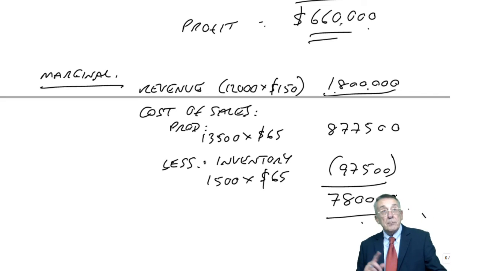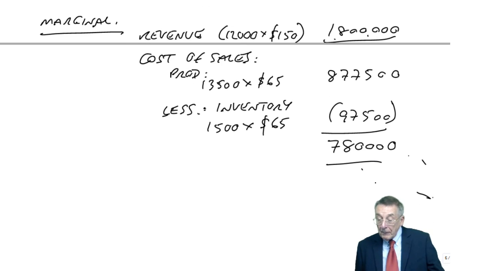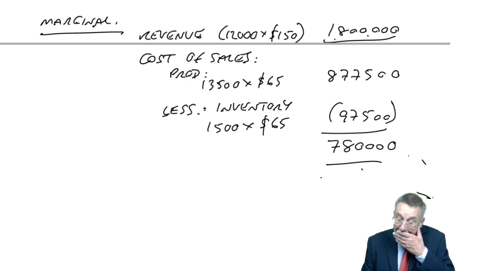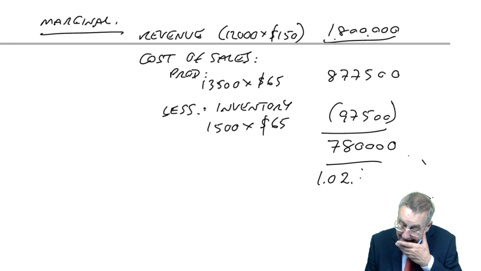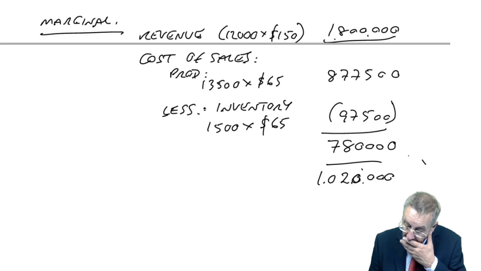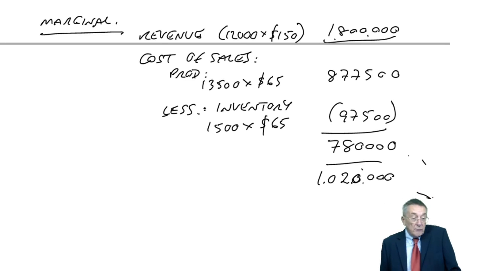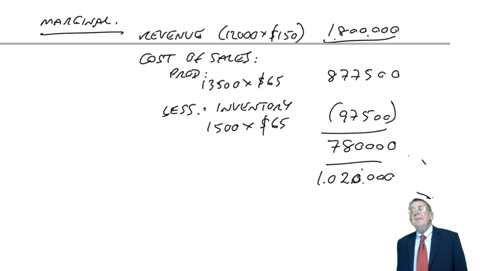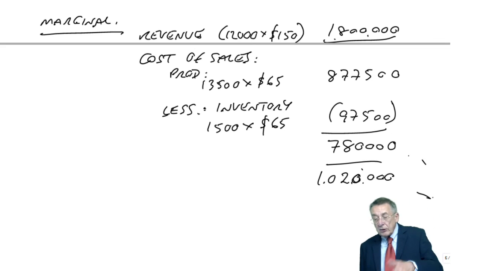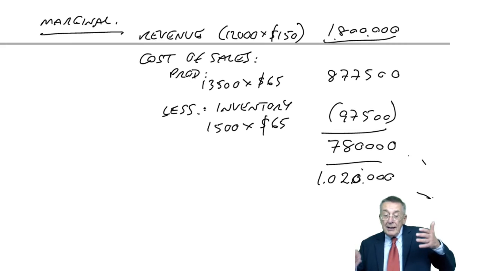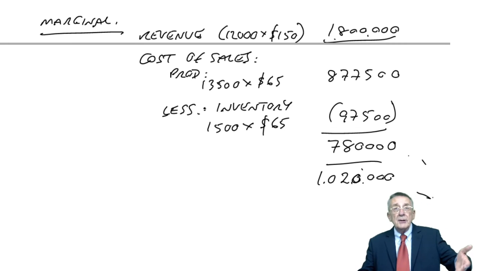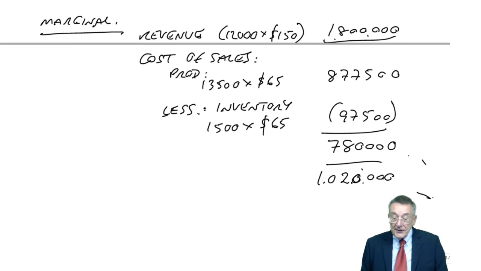And therefore, the profit so far, 1.8 million less 780 is 1.02 million. And of course, this is one reason I wanted to do them in full. You should know what we call that figure. The profit before the fixed overheads, or the revenue, the sales less the variable overheads.